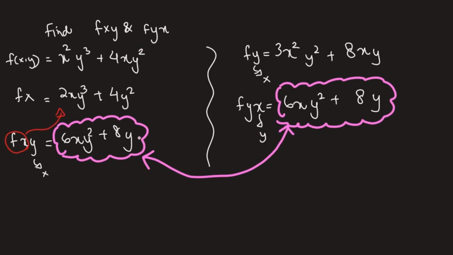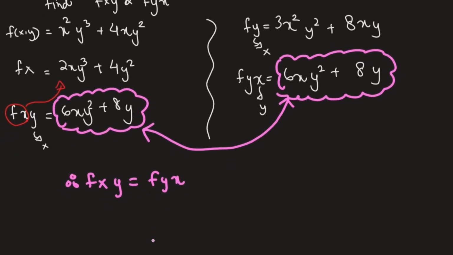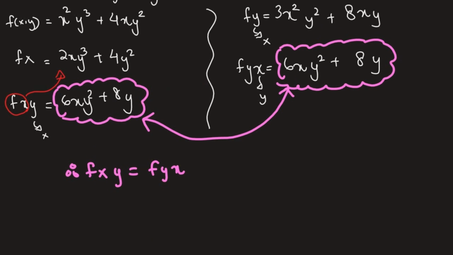So doing this example proves that f of x of y is equivalent to f of y of x. That means no matter how you take the derivative, the order doesn't matter, because here we are taking the derivative of x first and y after, but here we're taking the derivative of y first and then x after, but it doesn't matter, it's going to be the same.